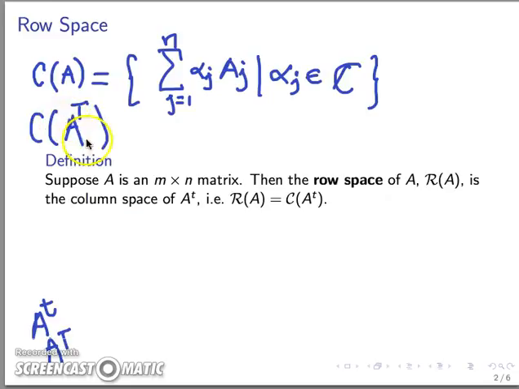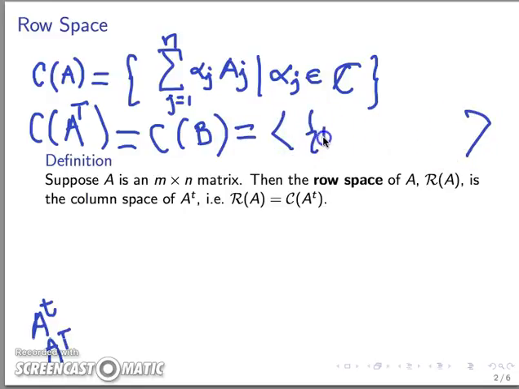So now the column space of this new matrix, think of this as the column space of some matrix B, is also going to be considered the span of the set B1 through B sub m. So how many columns are there?